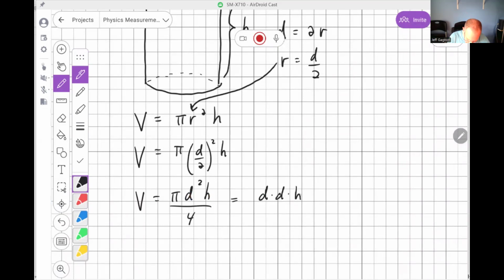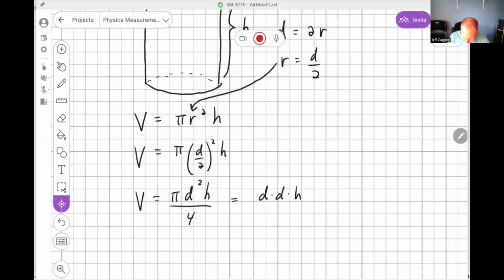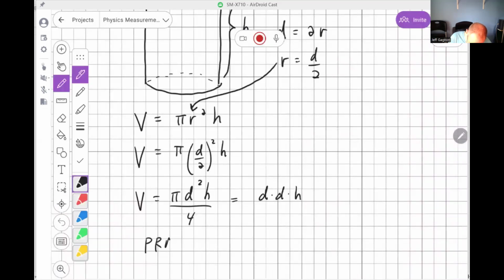And the other thing is, the pi and 4 are exact numbers. They don't have any error. It's just the variables that potentially have error, the diameter and the height. So you can ignore the exact numbers, the pi and the 4. And remember the rule now: if I want prad for the dependent variable volume, if I have a bunch of variables multiplied together, I have to add their respective prads.